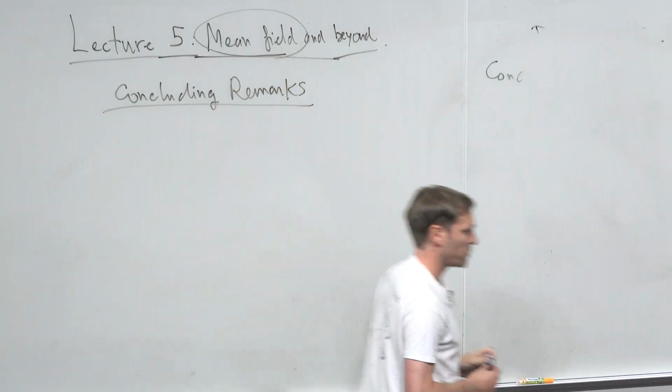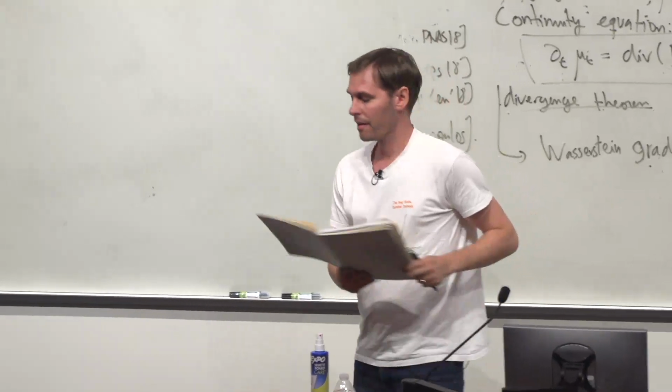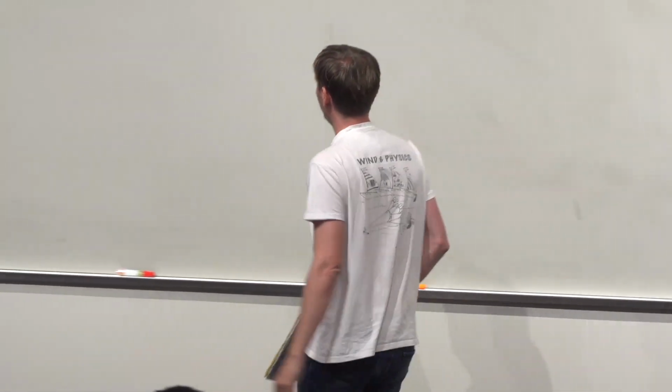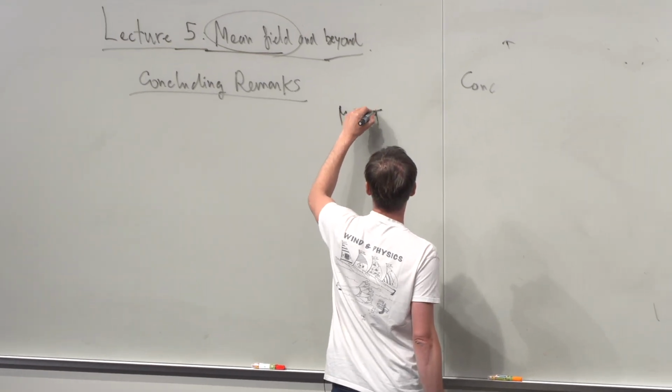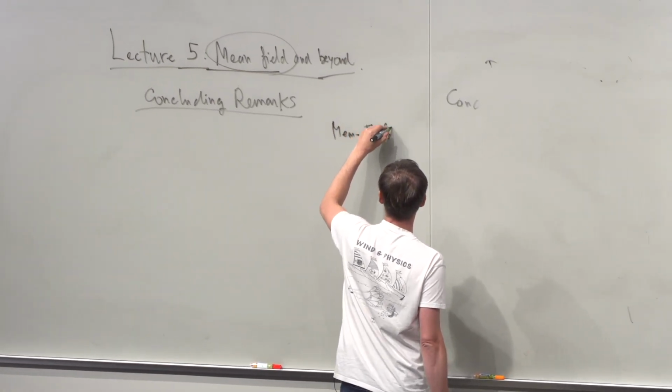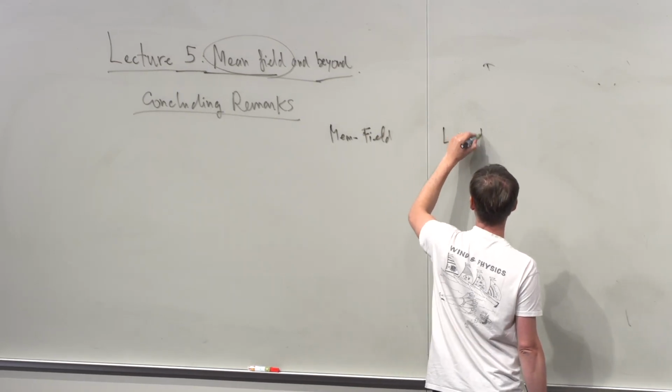So as concluding remarks, we have seen that, especially today, in particular, we have seen two asymptotic regimes of large neural networks. It's called the lazy regime.